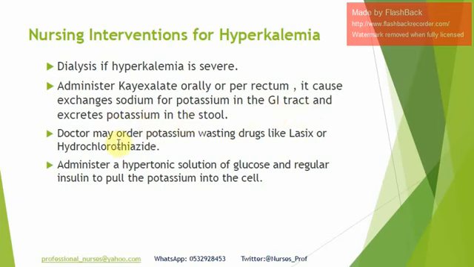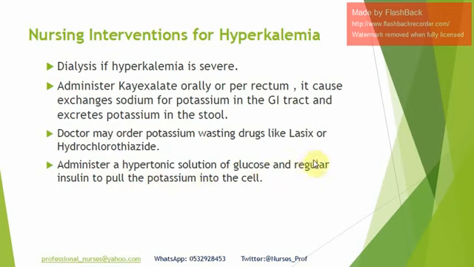The doctor also may order potassium wasting drugs like Lasix and hydrochlorothiazide, because Lasix will cause too much diuresis, and as we said before, our body will excrete potassium through the urine. The last intervention is to administer a hypertonic solution of glucose and regular insulin to pull potassium into the cell.